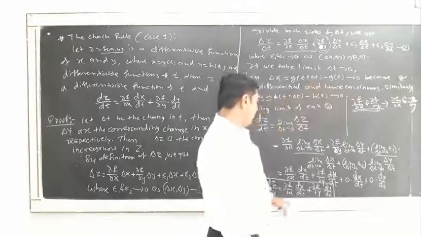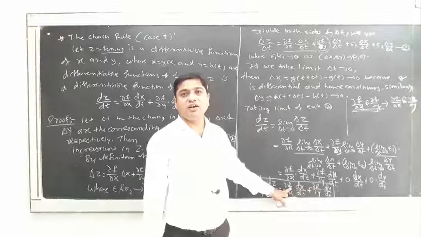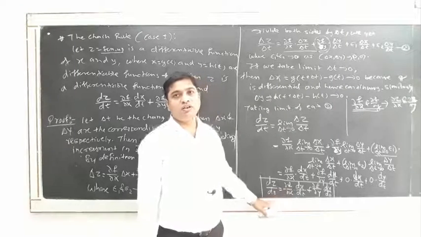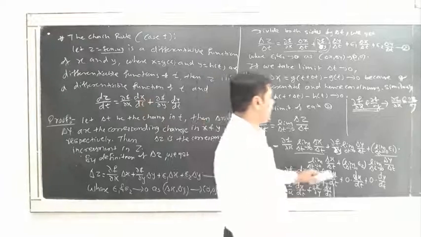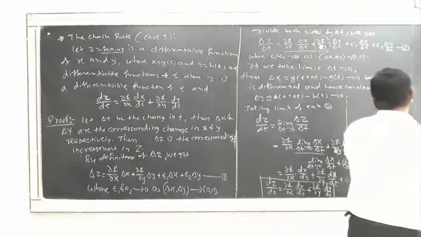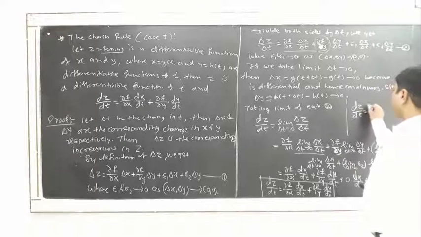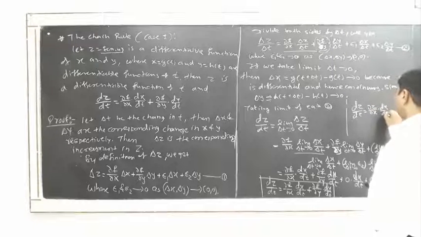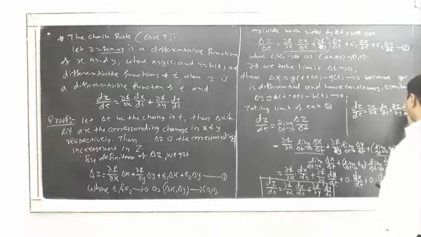That is, f can be replaced by z. Then we get one more version of this chain rule. How do we write this? dz/dt is equal to ∂z/∂x times dx/dt plus ∂z/∂y times dy/dt.